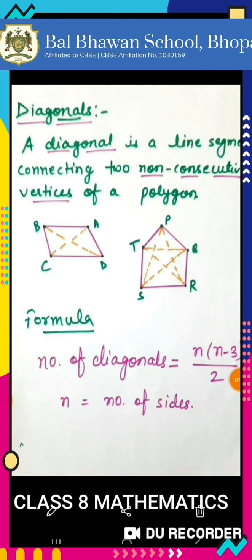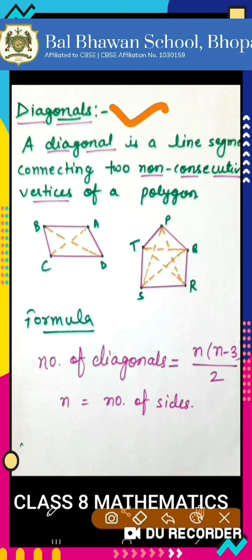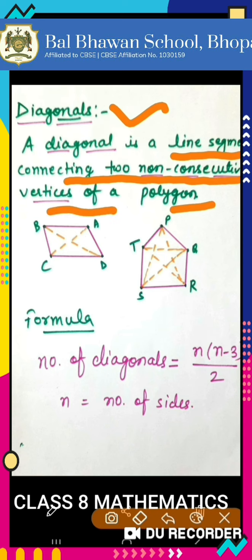Our next concept is diagonals. So let us learn what are called diagonals. What definition is given here, children? A diagonal is a line segment connecting two non-consecutive vertices of a polygon. Non-consecutive means, suppose I am talking about this quadrilateral ABCD.